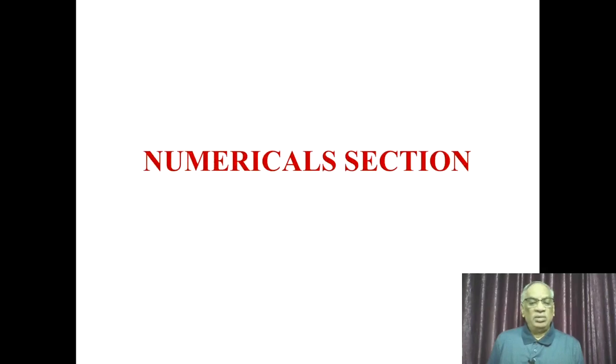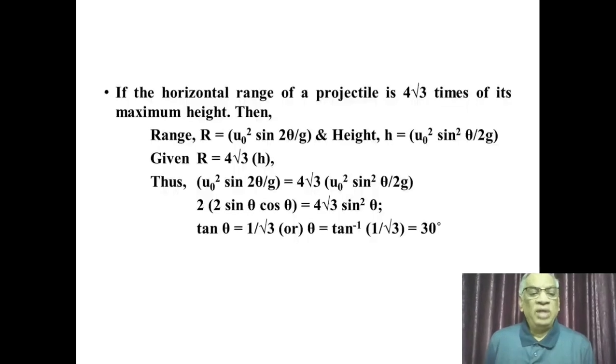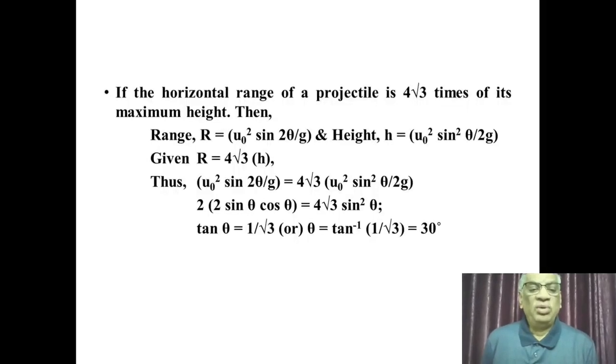So let us see the application of the points we discussed so far in solving some numerical problems. Now, if the horizontal range of a projectile is 4 root 3 times its maximum height, then what is the angle of projection?